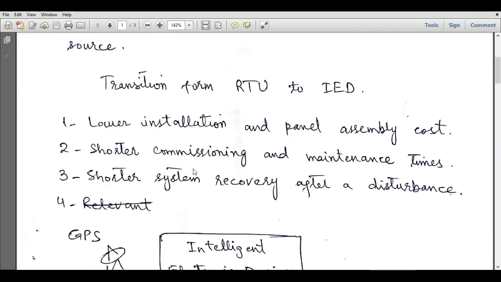So as I told you in the previous lecture that RTU is the old technology, IED is a new technology. So transition has been observed from RTUs to IEDs in the industry, and IEDs have lower installation and panel assembly cost, shorter commissioning and maintenance times, shorter system recovery after a disturbance.